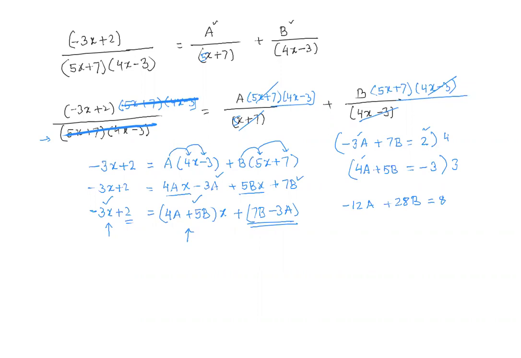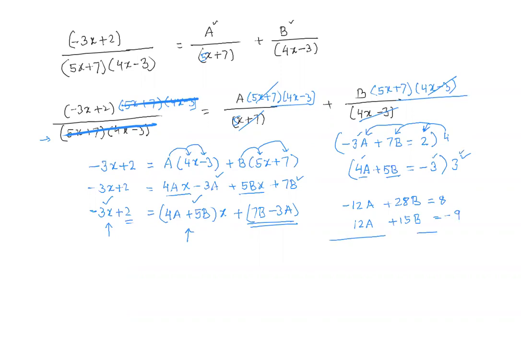Just keep in mind, I'm multiplying this by this, this by this, and this by this. Similarly, use 3 to multiply both sides of this equation. 4a times 3 is 12a, 5b times 3 is 15b, is equal to -3 times 3, which is -9.